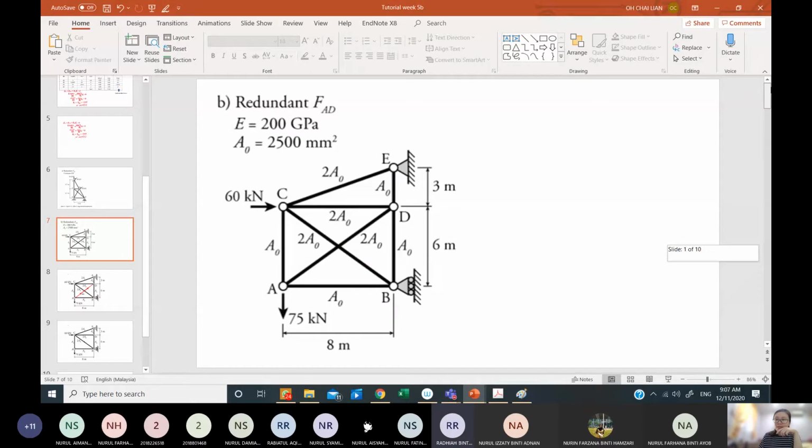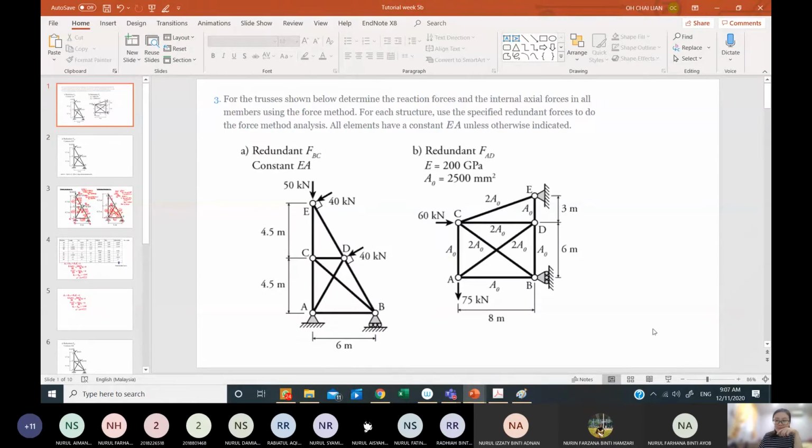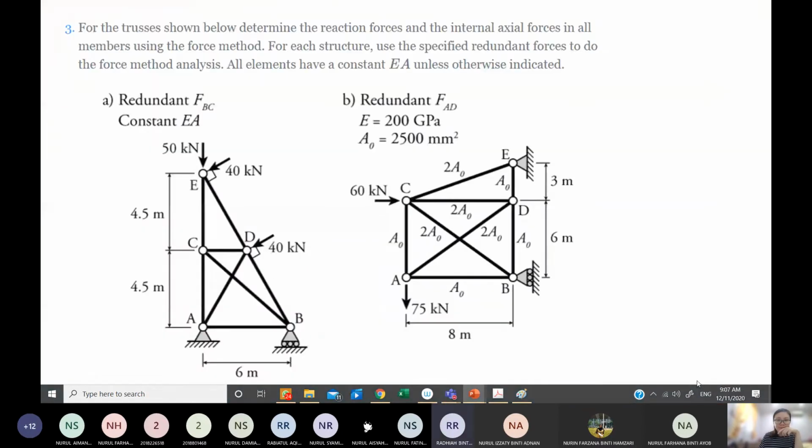Can you see my screen right now? Yes. So there are two questions. Yesterday's class I tried question A. Today's class we are going to try question B.